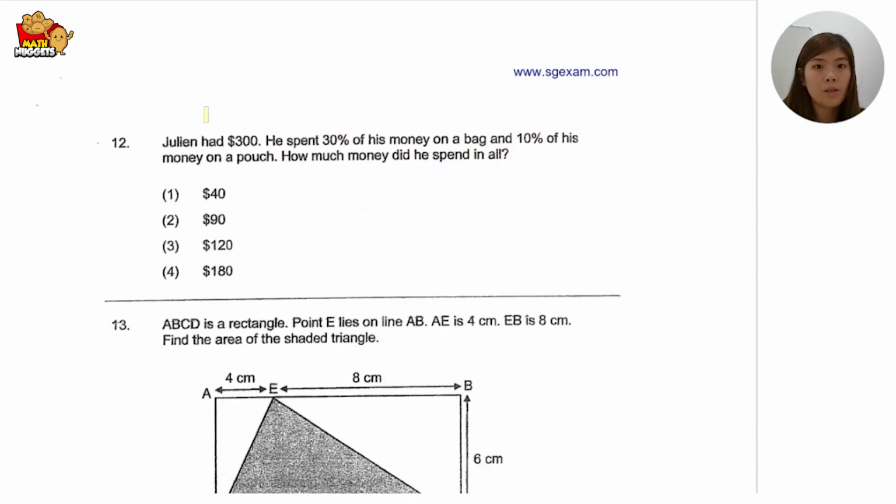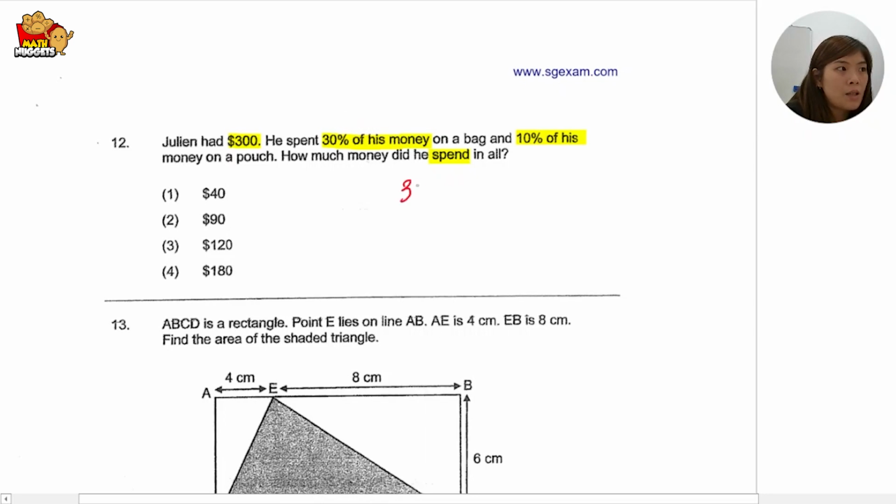Moving on to question 12. Julian had $300. He spent 30% of his money on a bag and 10% of his money on a pouch. How much money did he spend in all? So in total he spent 30% plus 10%, correct?